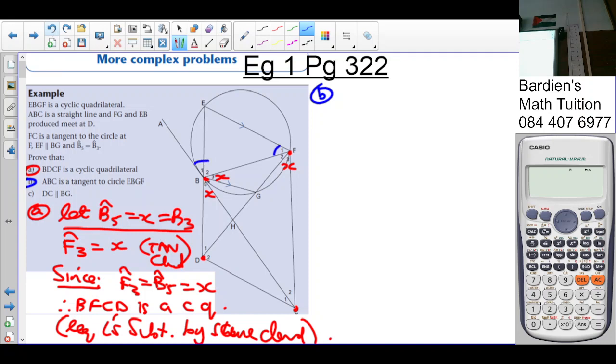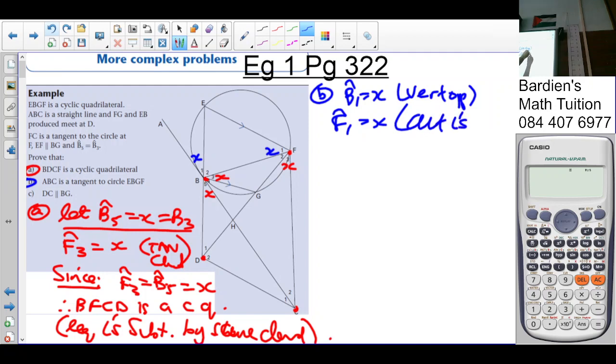But B1 is x. Why is B1 x? It's vertically opposite. Then angle F1 is x as well. Why? Alternate angles, with EF being parallel to GB.